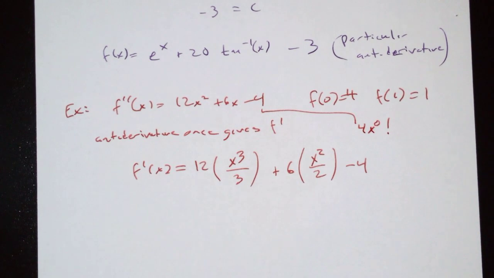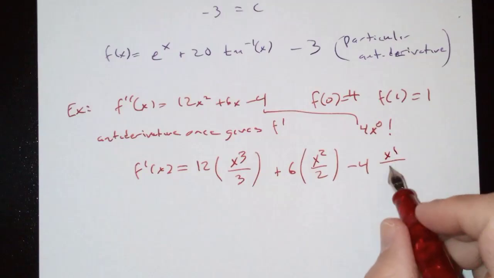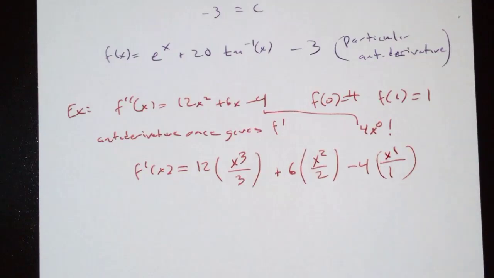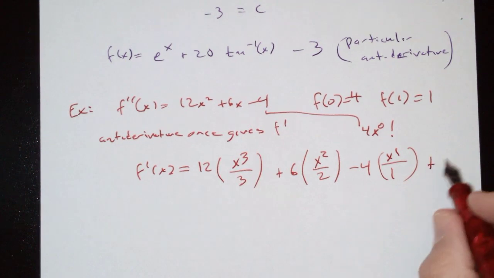What is the antiderivative for x to the 0? Notice I even wrote it the same way as x to the 1 over 1, but I could just write an x. But wait, there's more. I need that plus c.